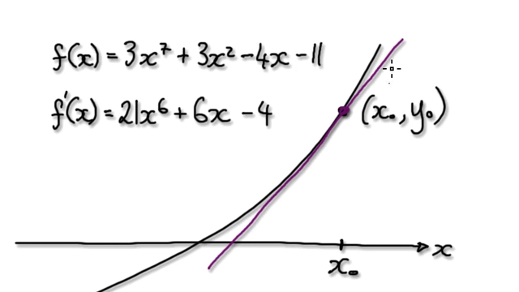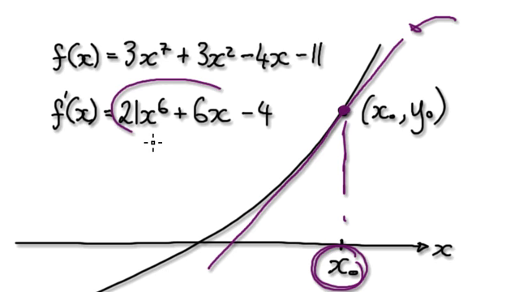That will then give us the equation of a straight line. So we would make a guess, and then that would give us the coordinates at one particular point. We can then work out the gradient at that particular point. That will allow us to draw a straight line, and to come up with an equation for a straight line.